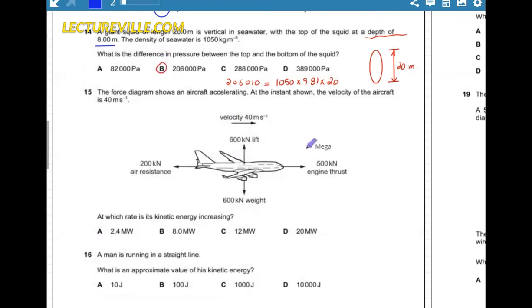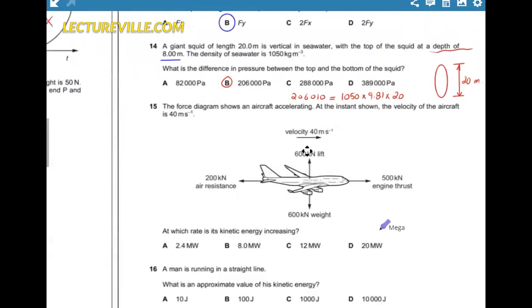The force diagram shows an aircraft accelerating. At the instant shown, the velocity of the aircraft is 40 meters per second. At what rate is the kinetic energy increasing? You know, there are some very basic rules that we can discuss over here.